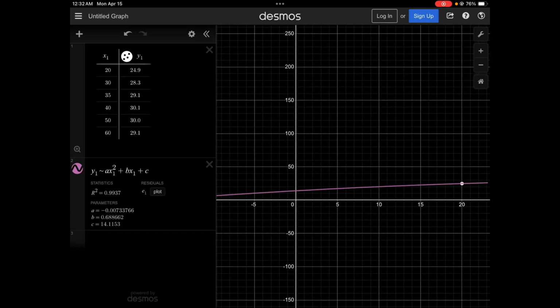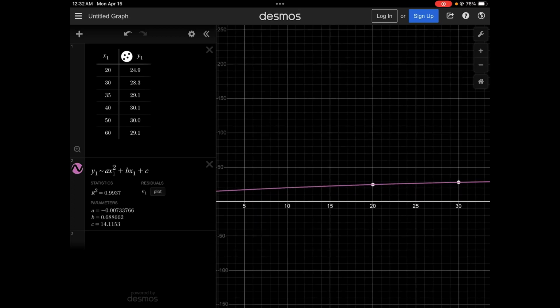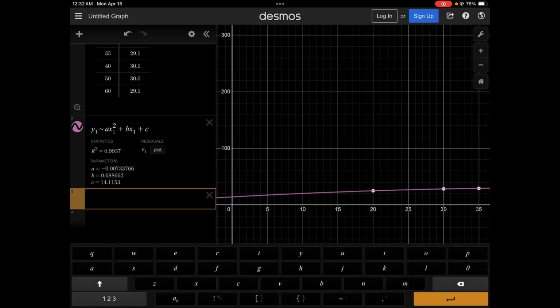Okay, and now we can write the quadratic.